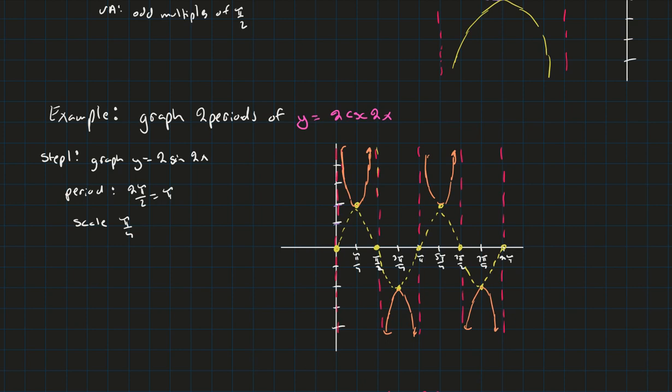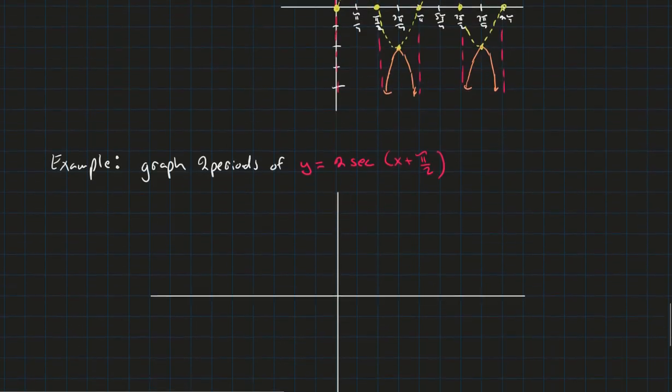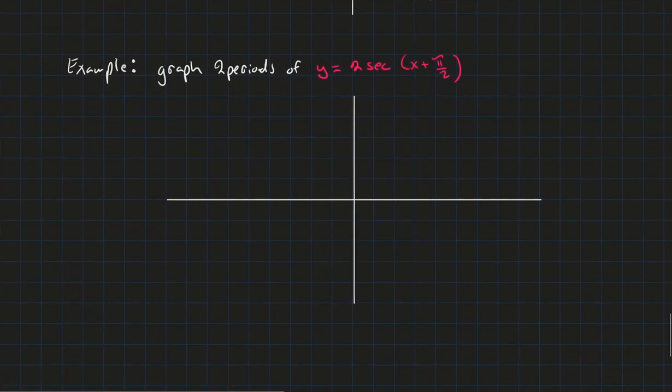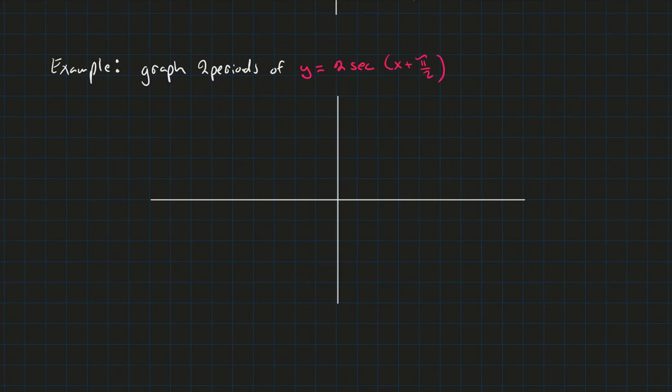All right, one last example. Let's do secant. So let's graph cosine first. So this is going to be step 1 again, is graph cosine of this. So this is going to be y is equal to 2 cosine of x plus pi over 2.